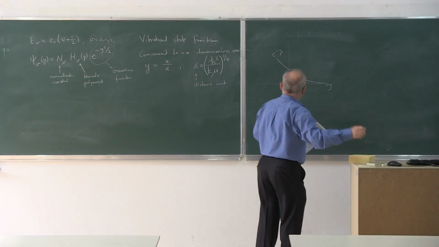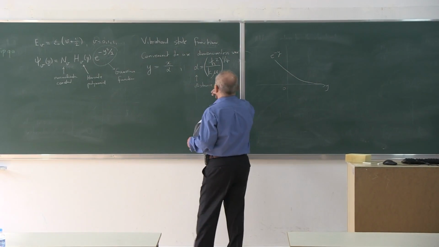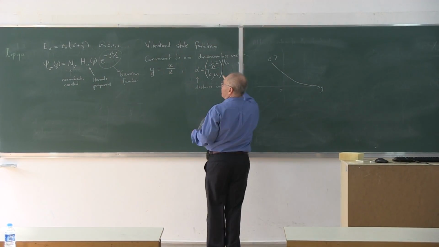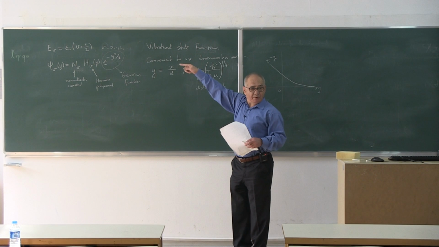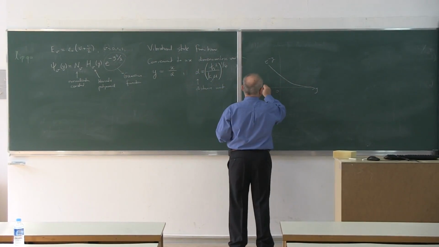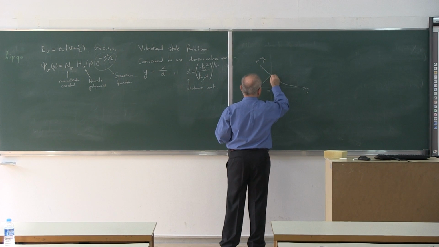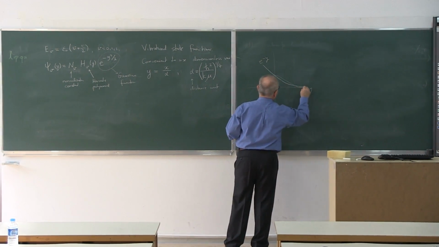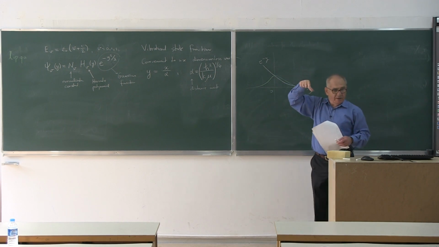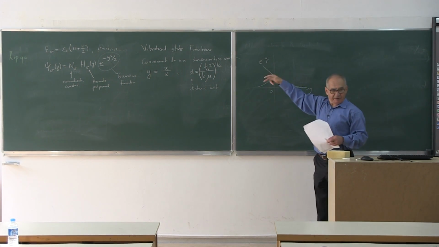But a Gaussian function, such as this one, because it is y squared in the exponent, it has a bell shape graph.